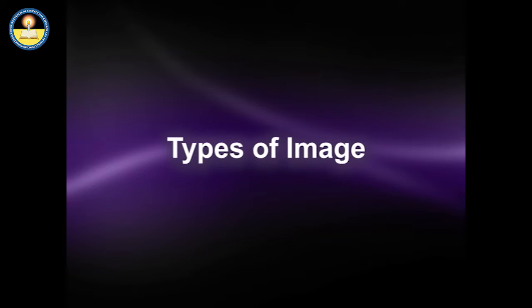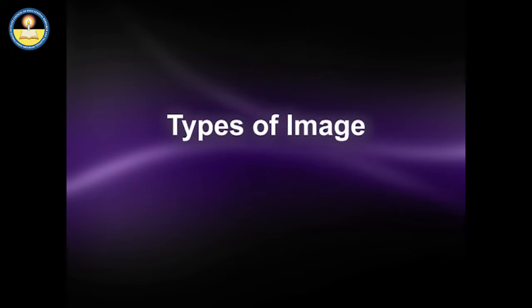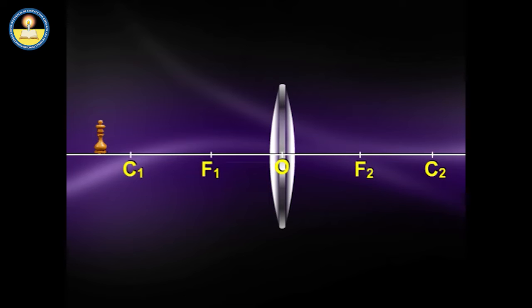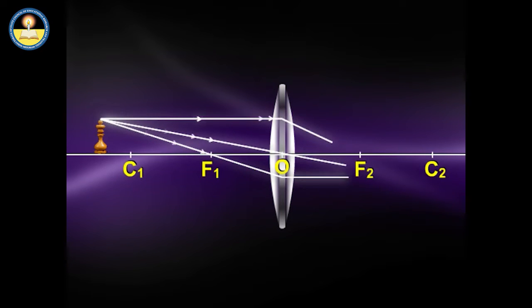We know in general an image can be of two types, real and virtual. If the rays of light from a point of an object, after refraction through the lens, actually meet at a point on the other side of the lens, the image point so formed is real.